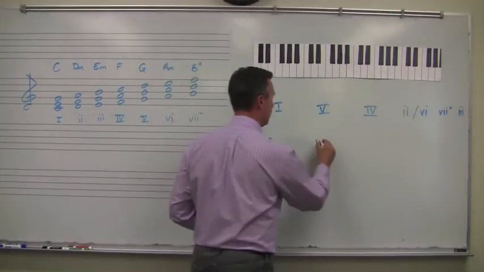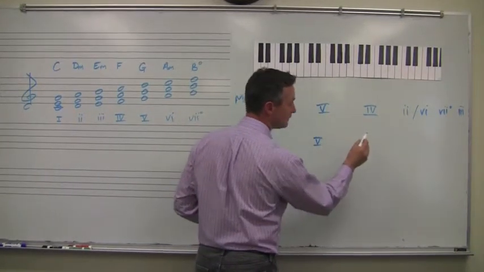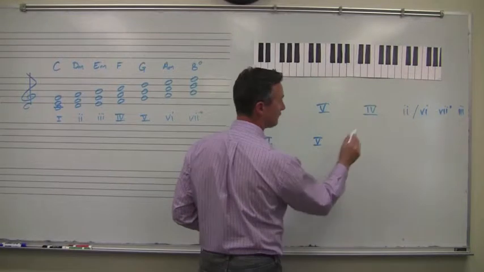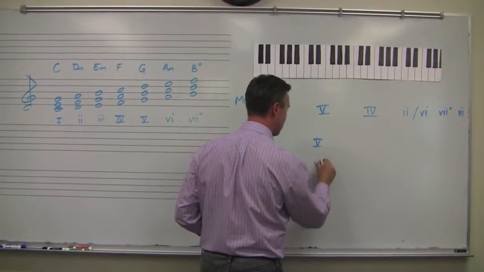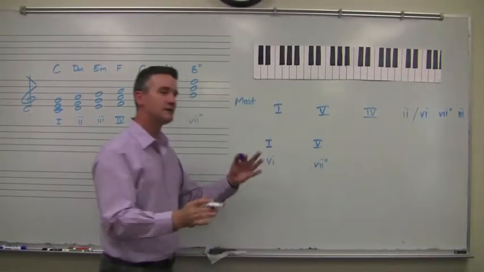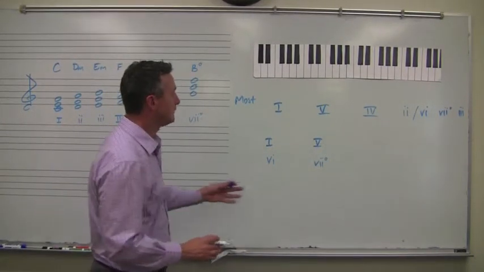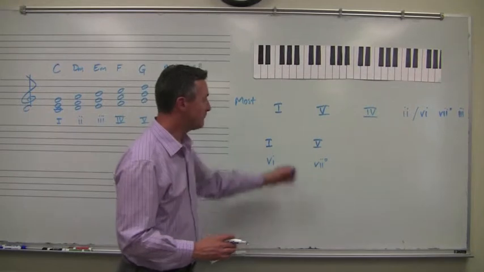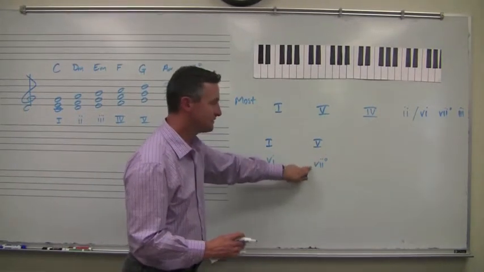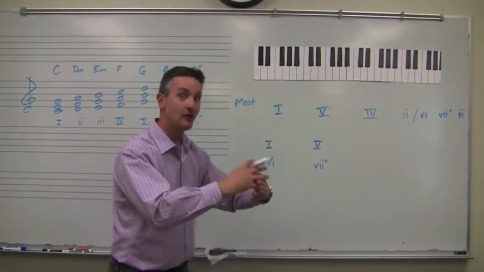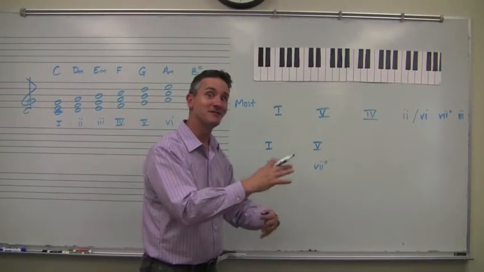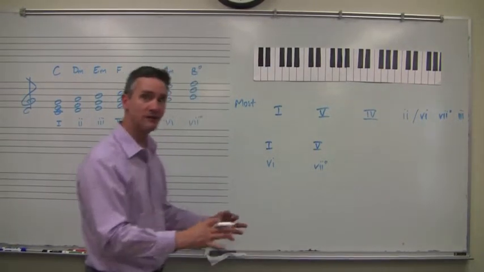The 5 chord and the 7 chord, my mistake, can kind of substitute for one another from time to time. And they can do that because there's a lot of overlap. In fact, if you add a 5 chord and a 7 chord and you combine them together, you actually end up with a 5-7 chord, that is to say a dominant 7 chord.